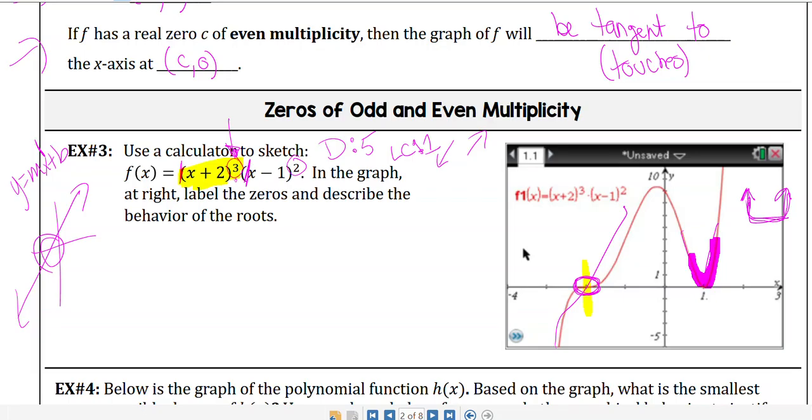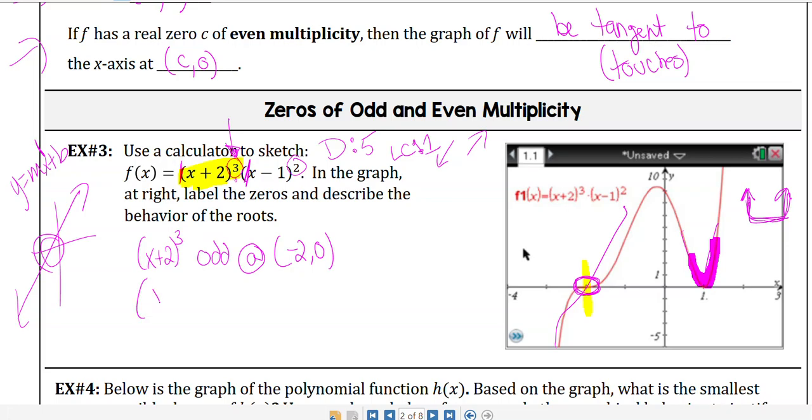So it wants us to label the zeros and describe the behavior of the root. So what it just wants us to say is that (x + 2) cubed is odd, and that is at (-2, 0).